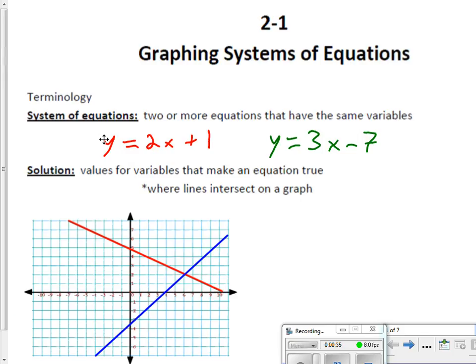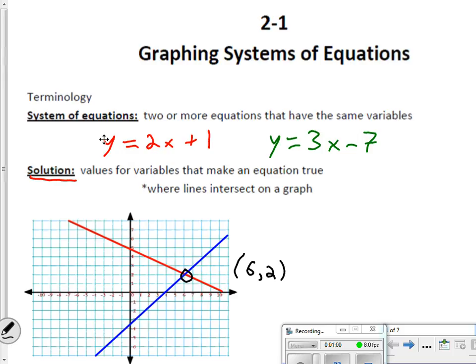Now, a solution for that system would be values for the variables that would make the equation true. They have to make both of the equations true at the same time. So you can see down here we have a graph of two lines, our red line and our blue line, and they intersect each other at one point right here. That would be the point 6, 2.